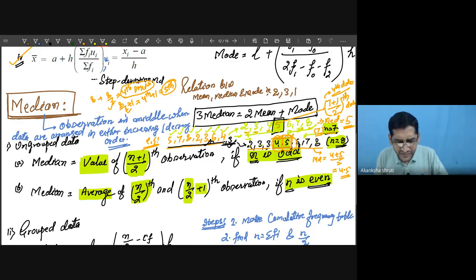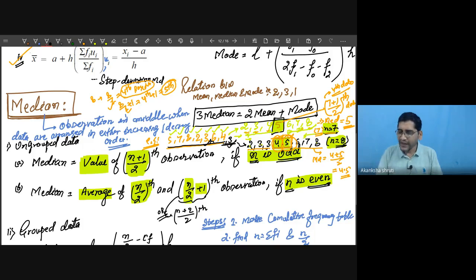If you are in the habit of that one, then this is representing n plus 2 divided by 2. So either you calculate n by 2 first, then increase that by one: 8 by 2 is 4, then 4 plus 1 is the fifth data. Fourth and fifth position data we are taking, and adding them to get the median.